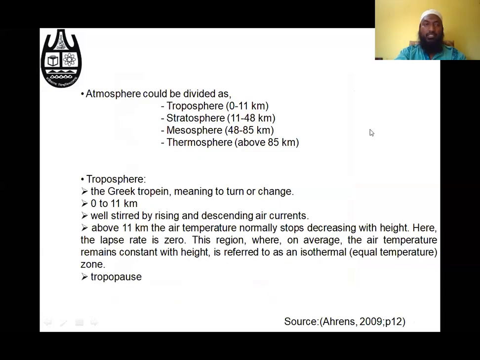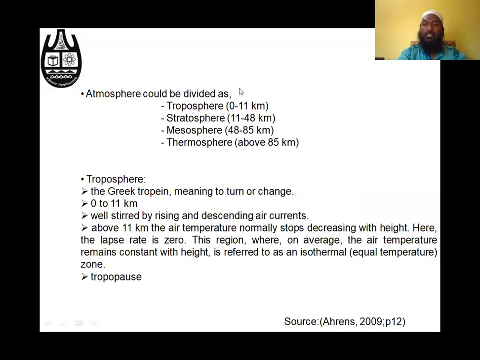Now come to the different subdivisions based on temperature and altitude. We can divide it into 4 layers. One is the troposphere, 0 to 11 kilometers; then 11 to 48 is the stratosphere; 48 to 85 is the mesosphere; and the thermosphere is above 85 kilometers.